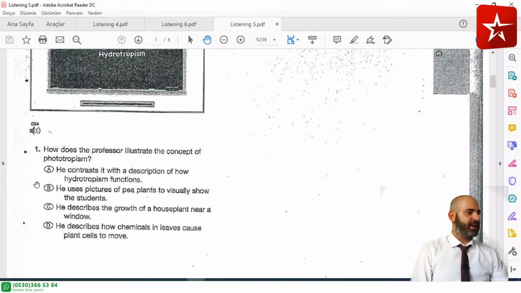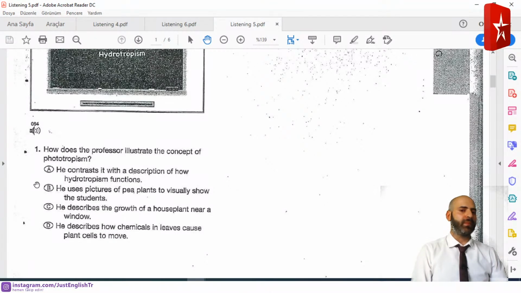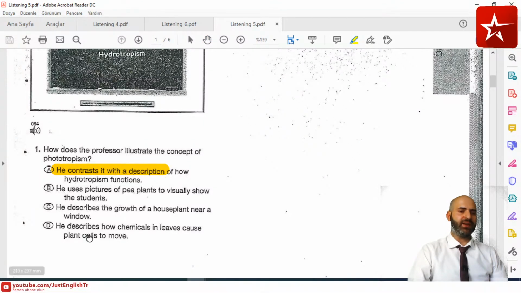Dilara, Ece, Sana, Alican and Ayna think C, houseplant near a window. I heard this one, but also I heard something about pea plants. Why not B? Definitely not A and not D. Why not B, guys? I heard pea plants.